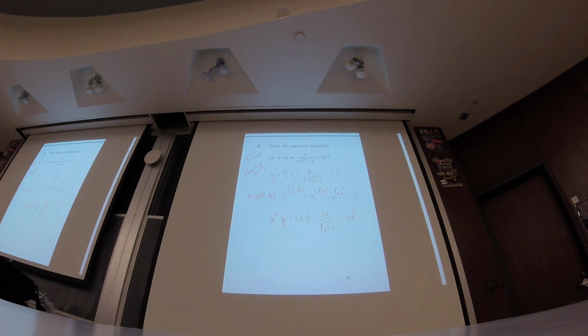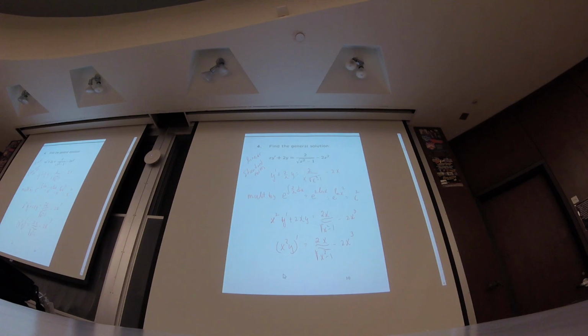Now the left side of this equation is x squared y prime. Check. First function times derivative of the second, that's this term, plus the second function, y, times the derivative of x squared, 2x. The right side is 2x over square root x squared minus 1 minus 2x cubed.